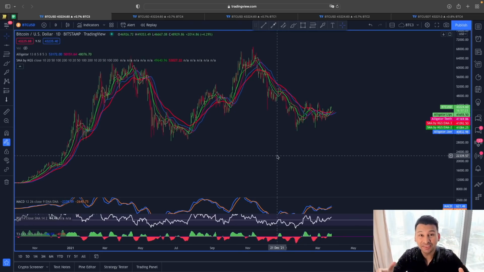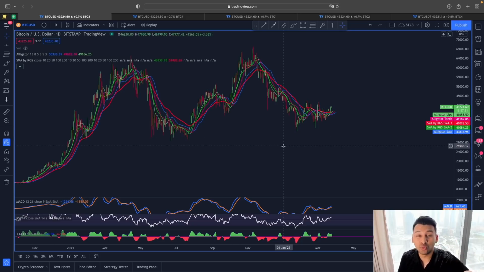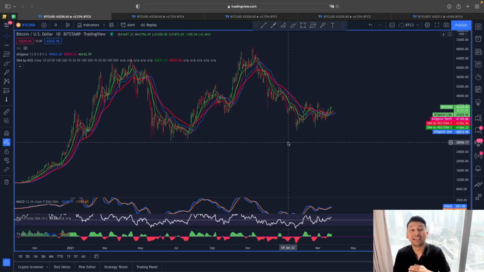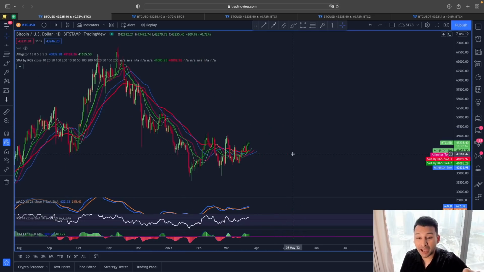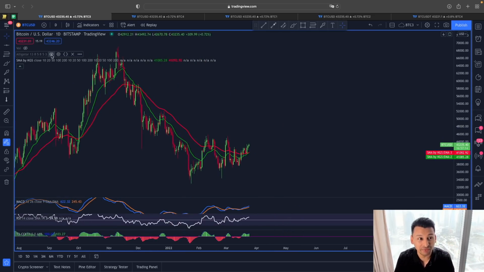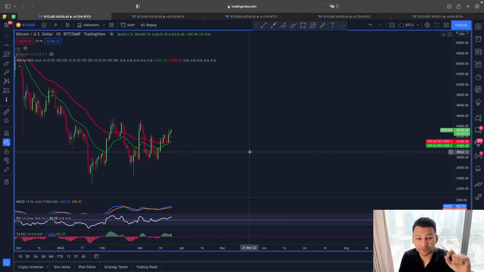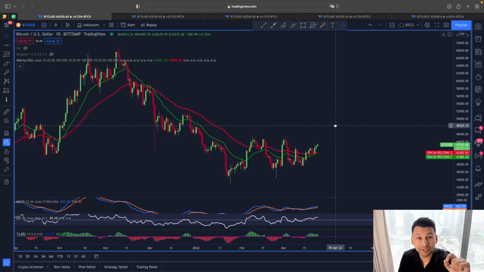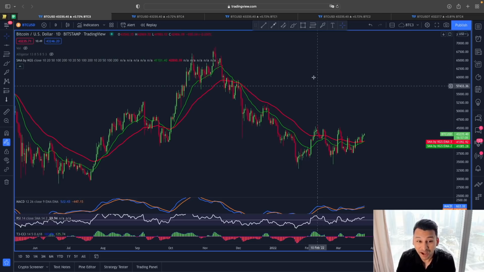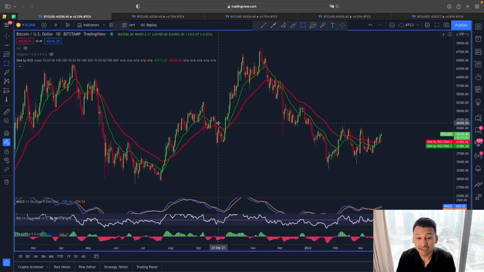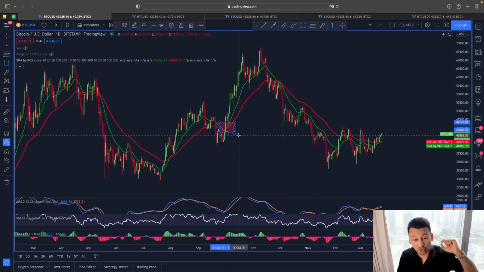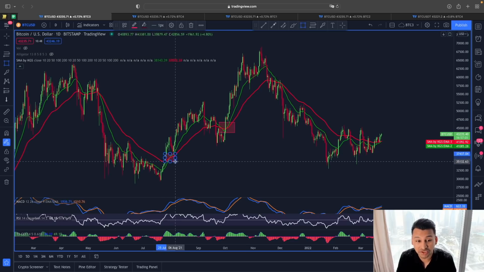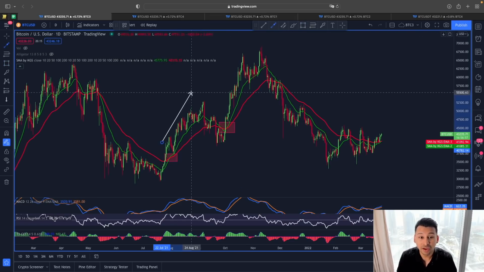So as you can see, the crossover that we have been waiting for days and weeks is finally happening. I mean, the 20 exponential moving average crossing above this 50 exponential moving average is happening right now, because we know in the past Bitcoin price action, whenever this 20 exponential moving average has crossed above this 50 exponential moving average, after that we have seen some really nice impulsive price movement.